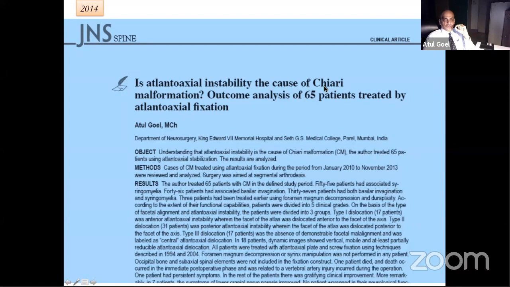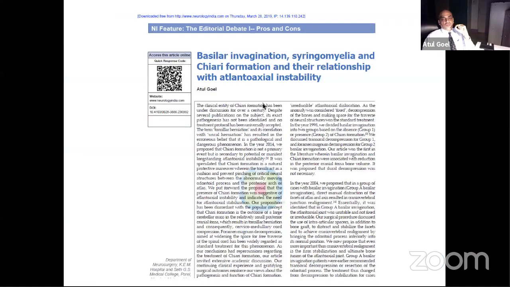All patients of Chiari malformation, not those with tumors, not those with hydrocephalus, not with craniostenosis, not type 2 Chiari, type 1 Chiari malformation, basilar invagination, syringomyelia, and Chiari formation are always due to atlantoaxial instability.